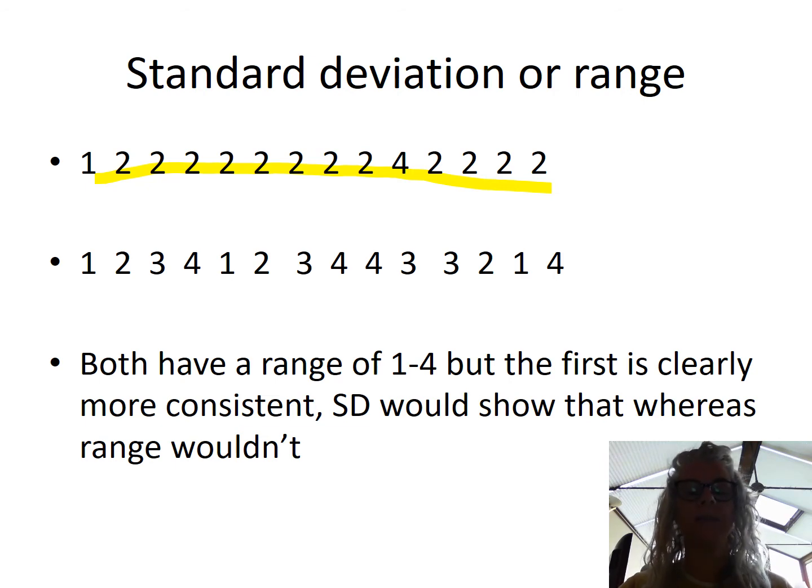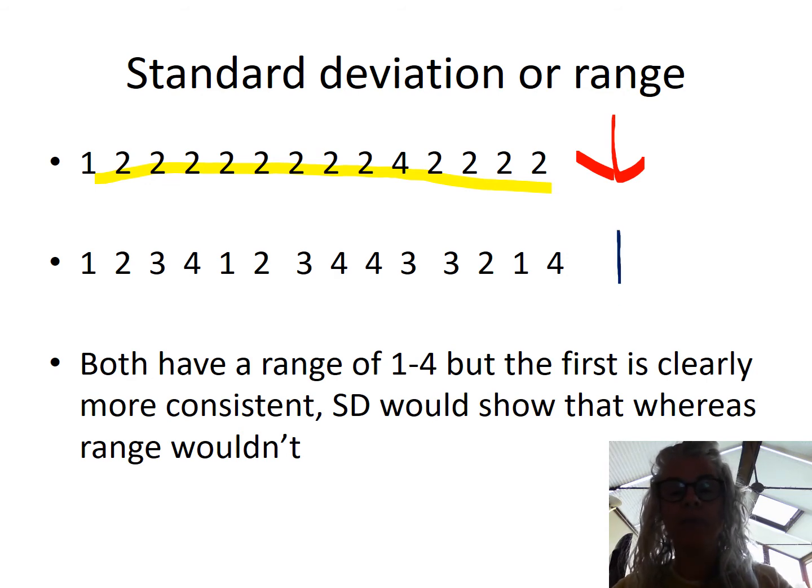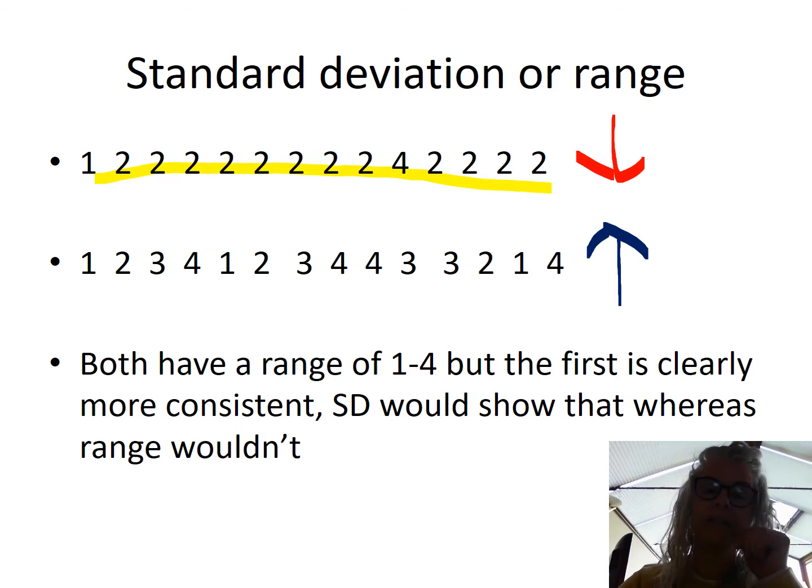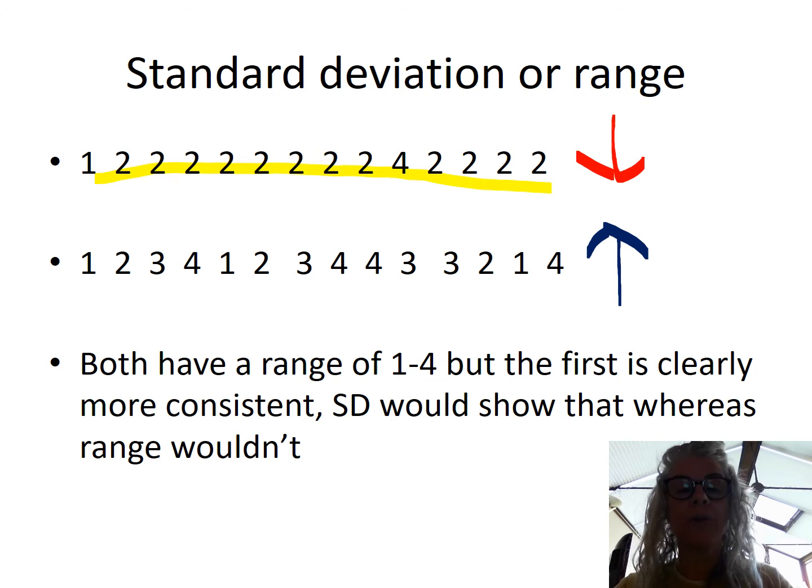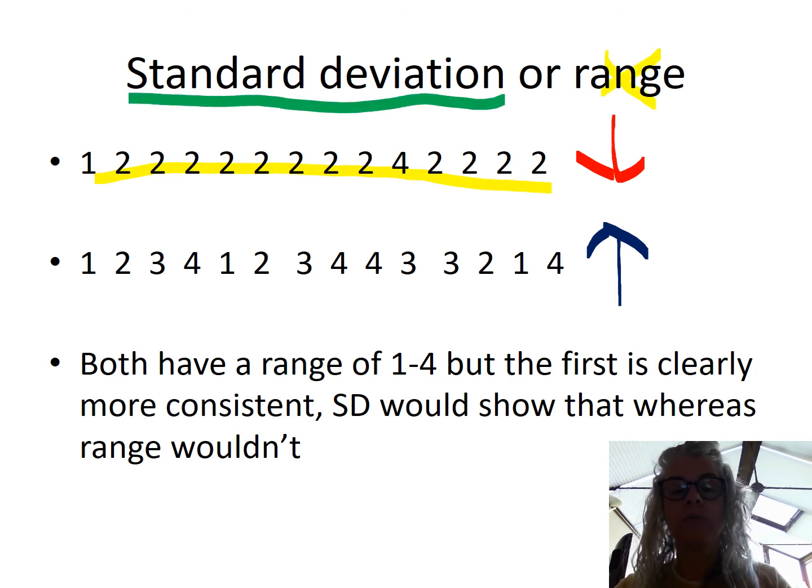So if you worked out the standard deviation for this group, it would have a much lower standard deviation, and this group would have a much higher standard deviation. So just looking at the range doesn't show you the variation in your data, which is why we work with standard deviation and we don't work with range very often.